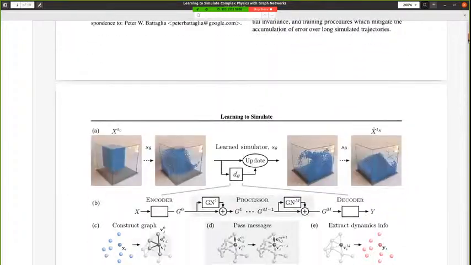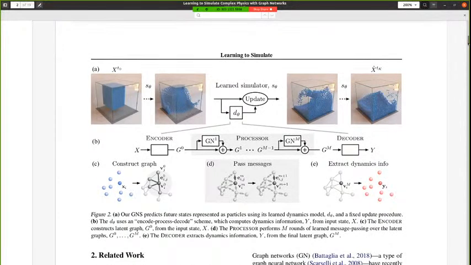But the systems that we actually are going to be looking at for this are discretized. So here in figure 2, you can see that actually the liquid, the water in this case, is composed of a lot of individual particles.